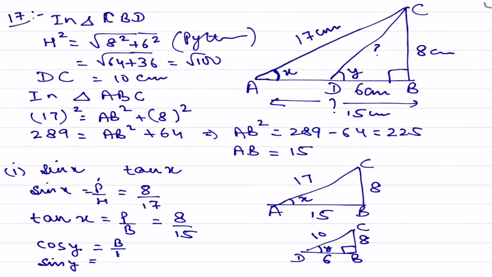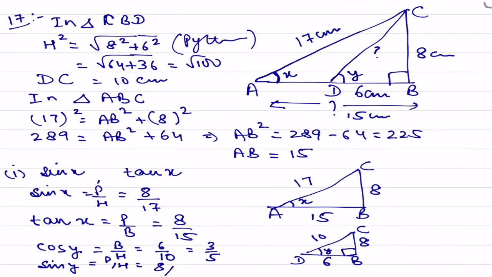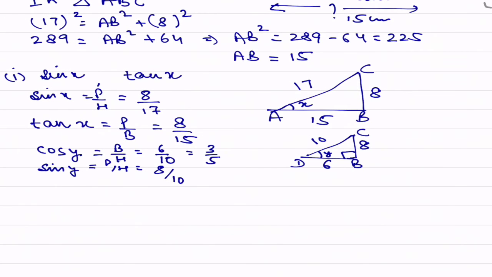So cos is base upon hypotenuse, B upon H. Base is 6, hypotenuse is 10. So it is 3 by 5. Sin y, P upon H. Perpendicular is 8, hypotenuse is 10. So it is 4 by 5.